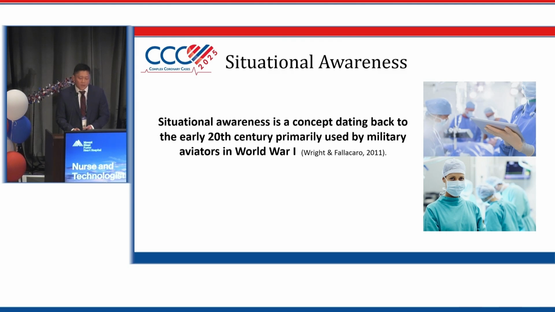This essential also ties together everything that we've discussed so far: all the knowledge, all the patient management and medication safety practices. So in the cath lab, how do we stay situationally aware? We can foster a strong sense of situational awareness by, number one, taking time to know our patients.